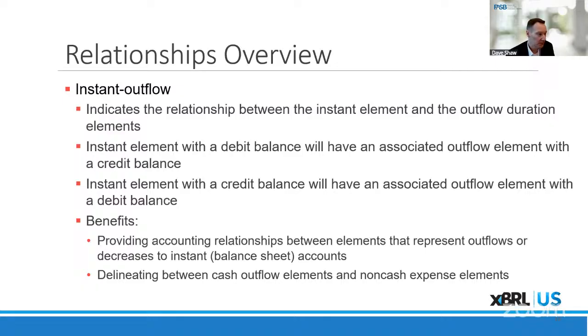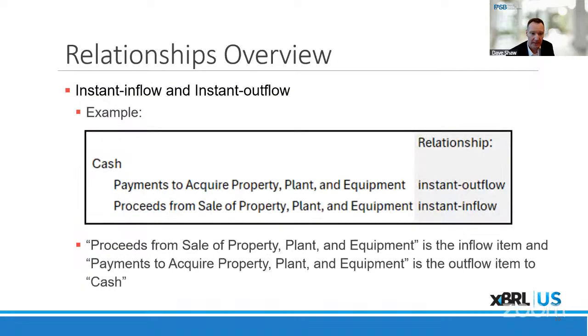The example we have for this is cash. It has an instant outflow relationship with payments to acquire property, plant, equipment. So that's an outflow of cash to make that purchase. And the proceeds from the sale of property, plant, equipment has an instant inflow relationship because that would represent an increase to cash.